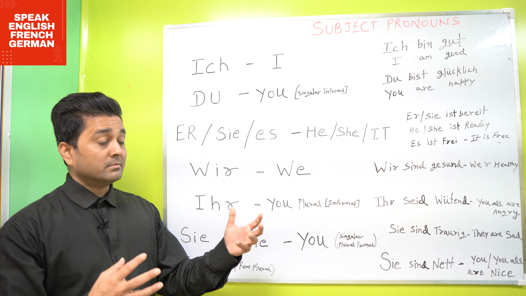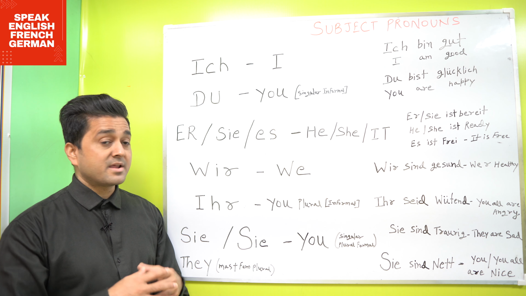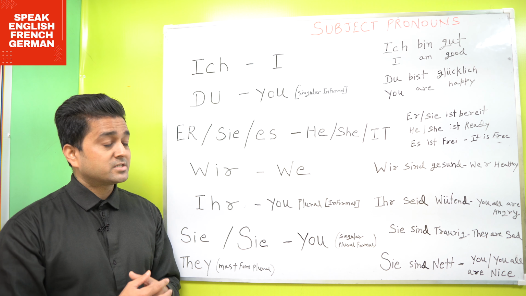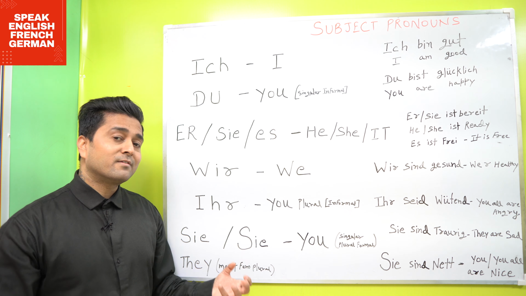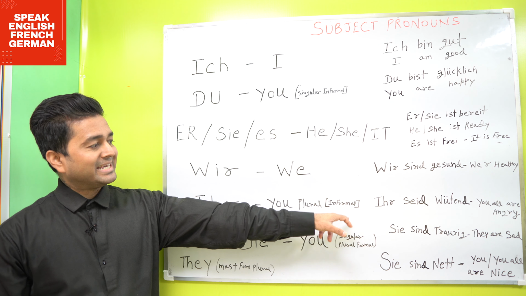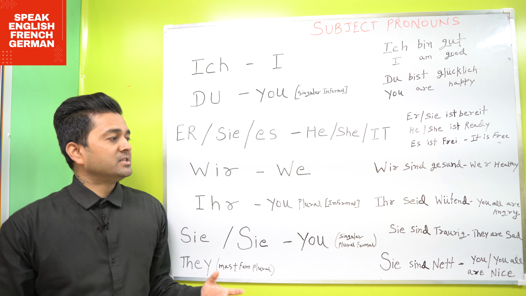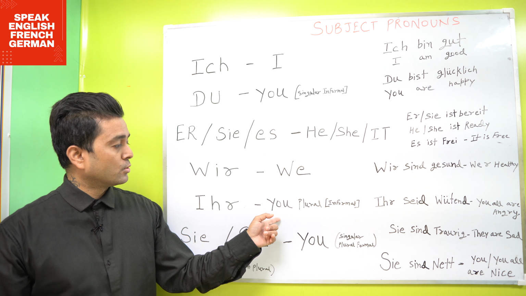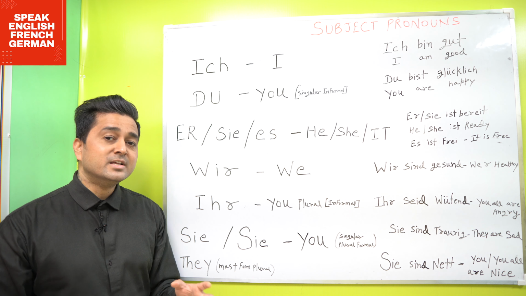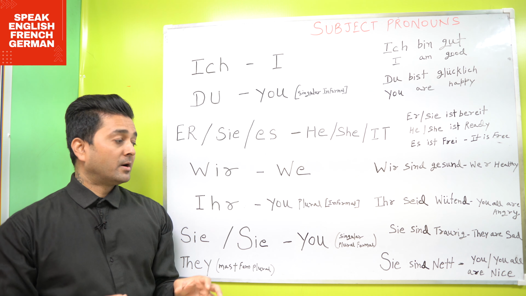Try to enhance your vocabulary every day. You learn many words, and that's how you can describe a lot of things. So here it's very simple. "Ihr seid wütend" means you all are angry, because I told you that it's a you plural. So keep in mind. And now let's talk about the last one.